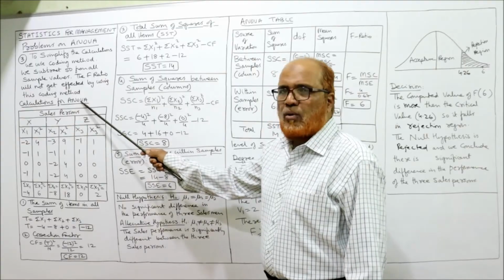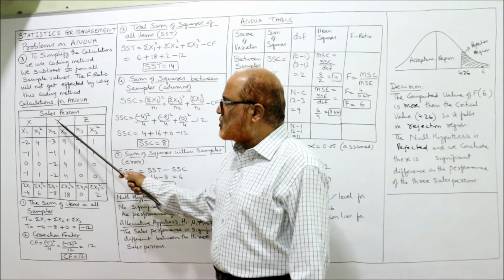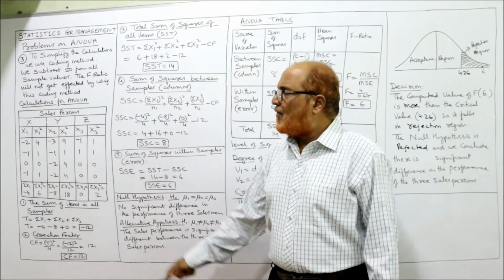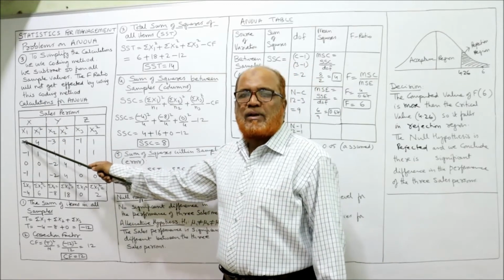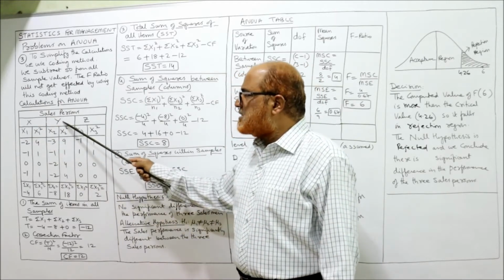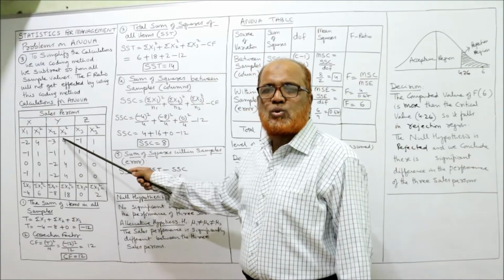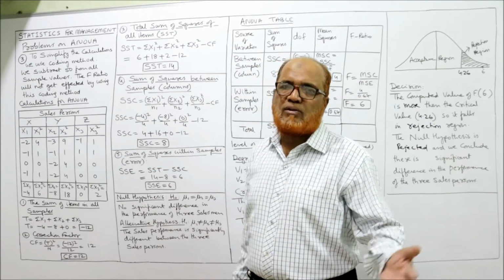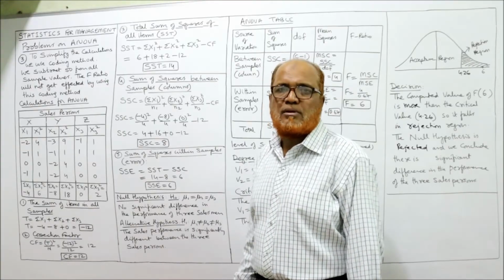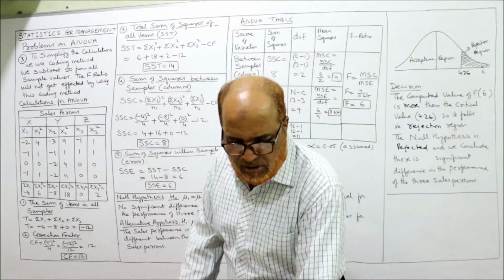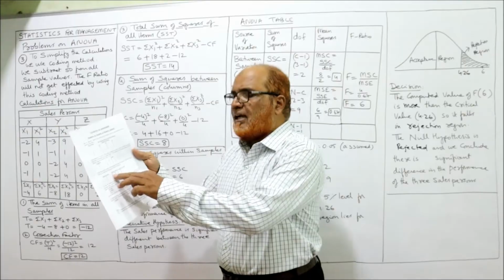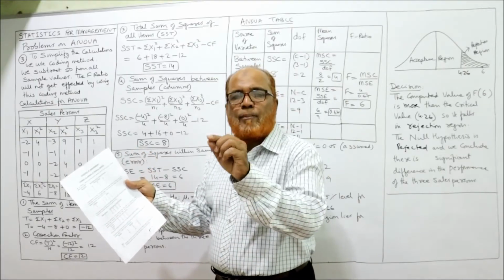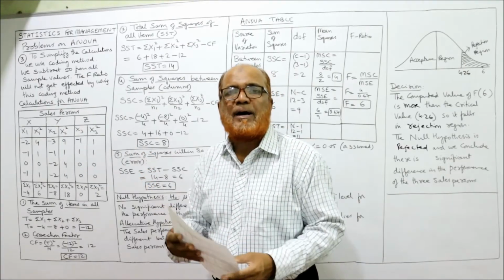Now calculations for ANOVA. Salespersons are X, Y, Z. For X, two columns I have opened, X1, X1 square. For the Y salesperson, two columns, X2, X2 square. For Z, two columns, X3, X3 square. As usual, what we have done in the last two problems, right? Now, the values given for X are 48. So 48 minus 50 will get minus 2.